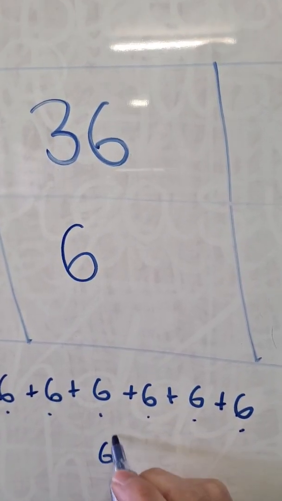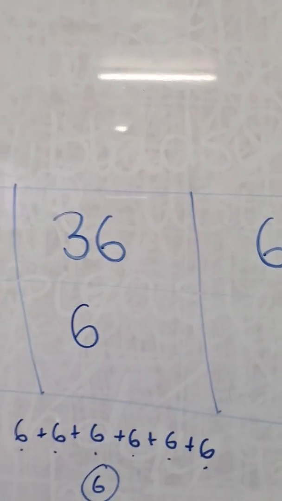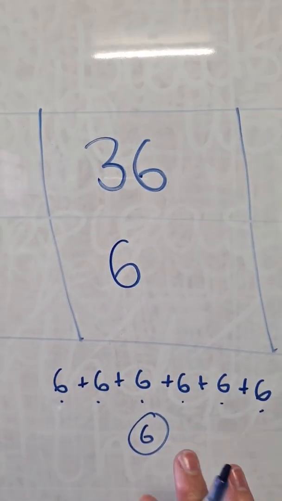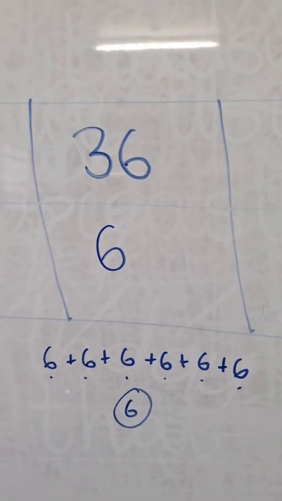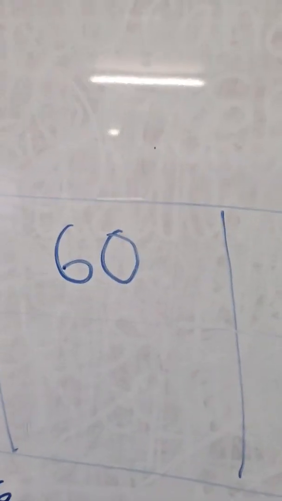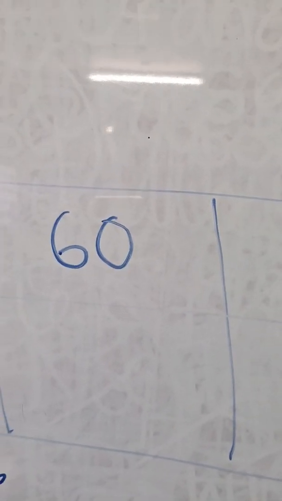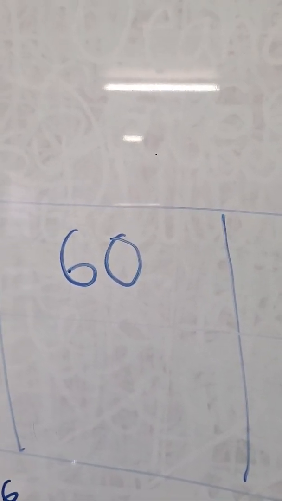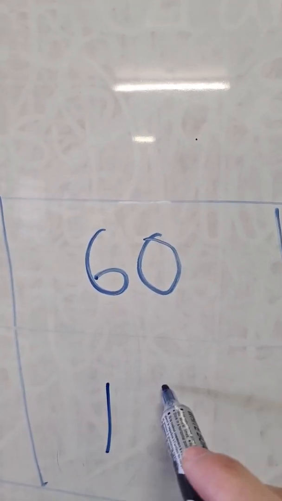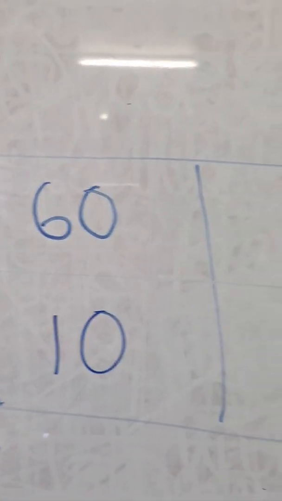I used 6 6s in total, which means that 36 divided by 6 is 6. You can use this method if you want to. Just write on a scrap piece of paper or on the side of your book if you need to, but you should know that 6 times 6 is 36. Just like you know that 60 divided by 6 is the same as saying 6 times what is 60, and 6 times 10 is 60.